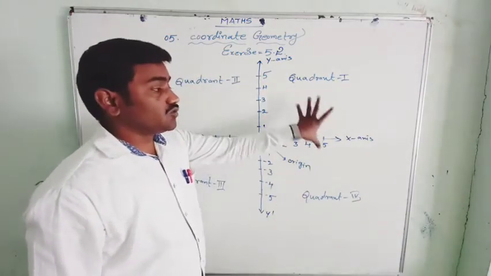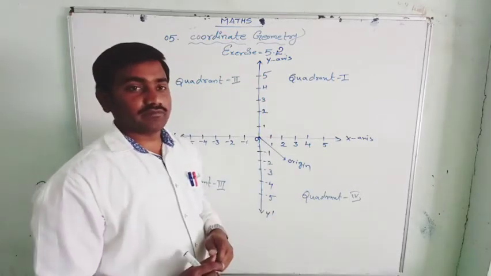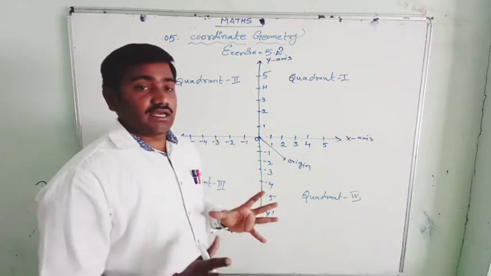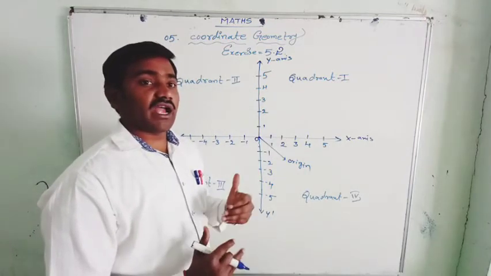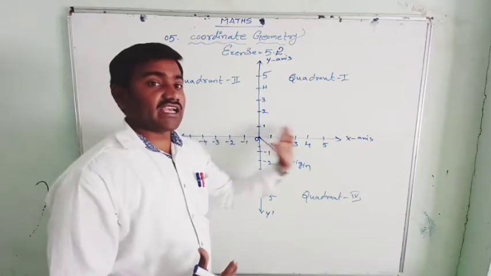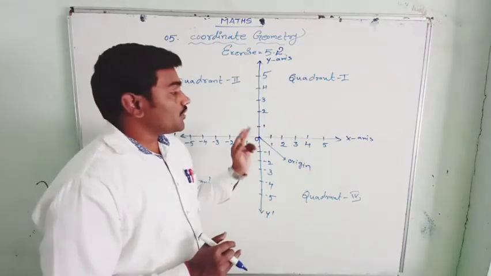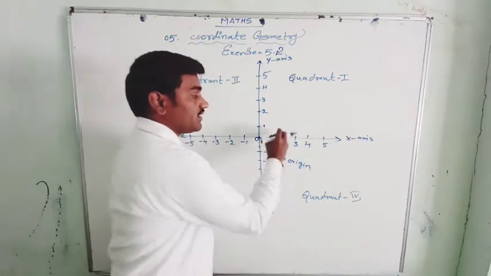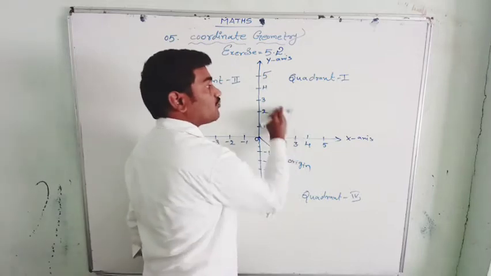That means these two axes divide this plane into 4 quadrants. If you observe clearly, children, in quadrant number 1, what kind of values do we have on the x-axis and y-axis? On the x-axis we have positive values, and on the y-axis also we have positive values.